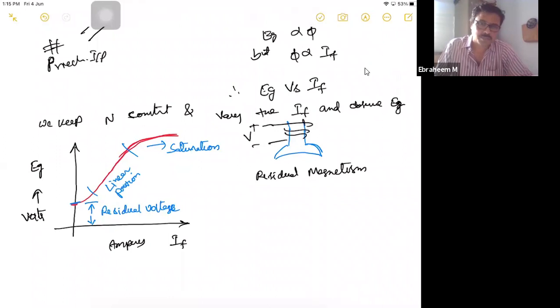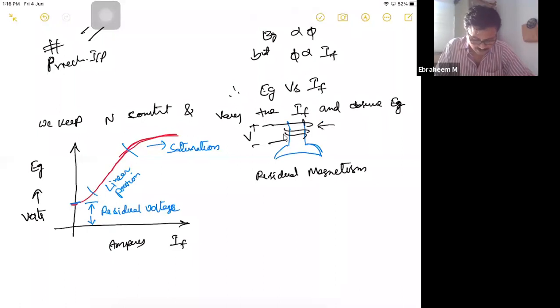After that, if you remove the supply, there will be some residual magnetism left in the field poles. So even though you remove the current supply to this winding, the field poles will have some magnetism in them. Because of that magnetism, some flux will be produced.